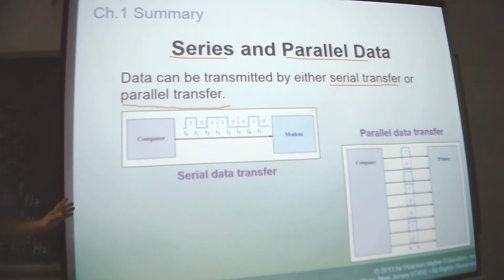The 8 bits are transmitted to the printer at one time. So you should distinguish serial transfer and parallel transfer. What are the differences between serial and parallel?